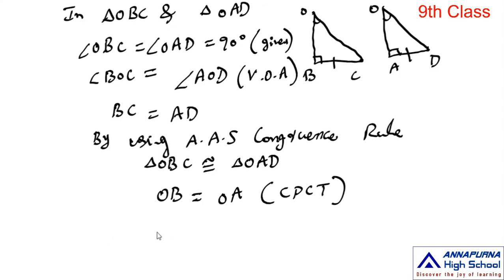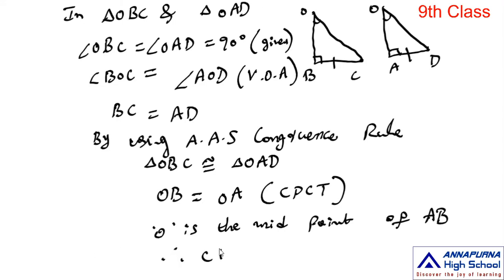So O is the midpoint of AB. Therefore, the line segment CD bisects AB. This is the third problem.